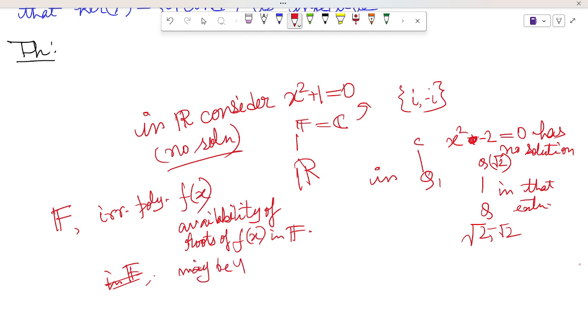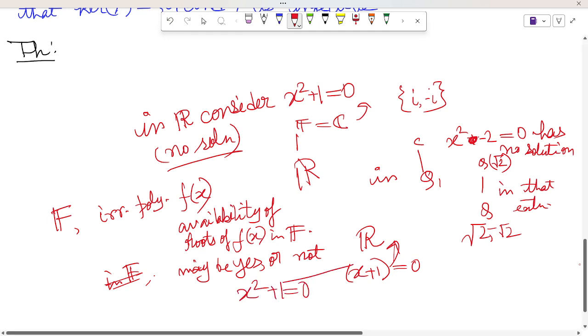For example, if you give me the field R and the polynomial x plus 1 equal to 0, then obviously this polynomial has a root in R. But if you give me the polynomial x square plus 1 equal to 0, then in R, no roots.